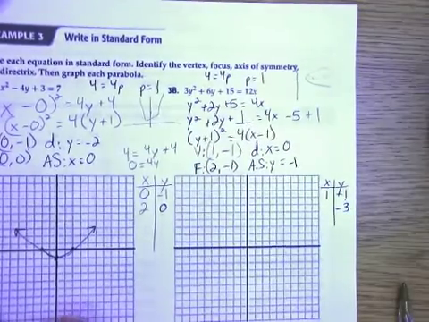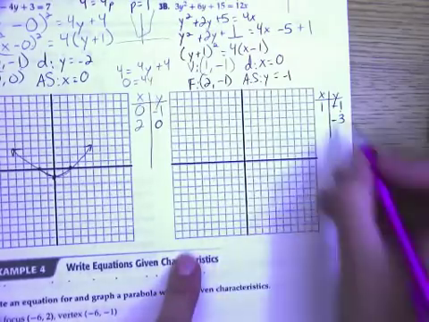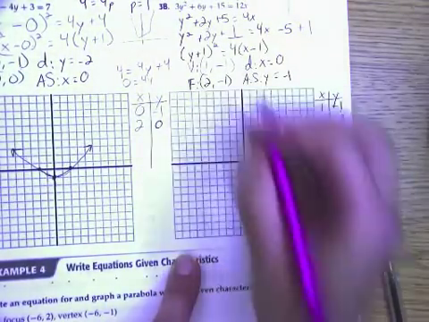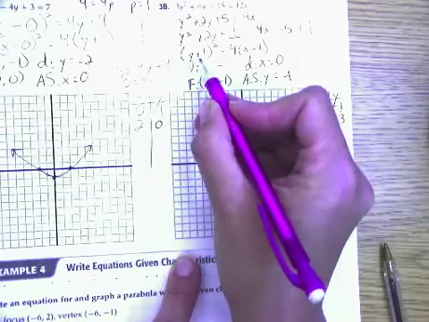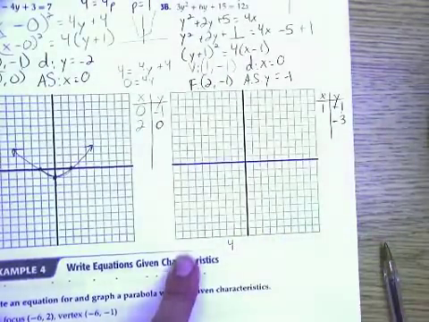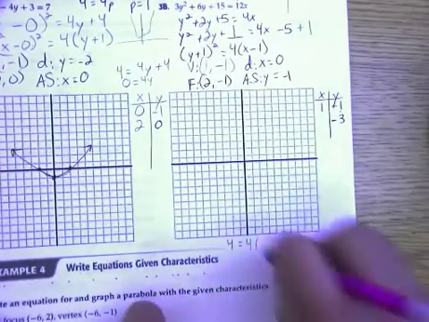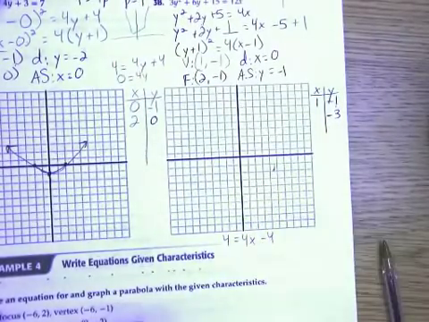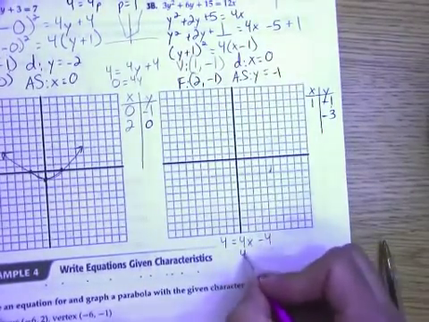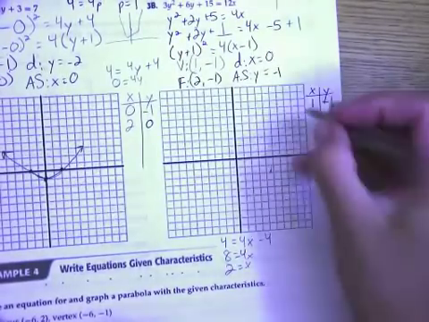So when I do, I'm kind of running out of space here, I'm going to do it down here. When I plug in negative 3 for y, I have negative 3 plus 1 is negative 2, squared is 4, equals 4, let me go ahead and distribute, 4x minus 4. So 4x equals 8, and x is 2.